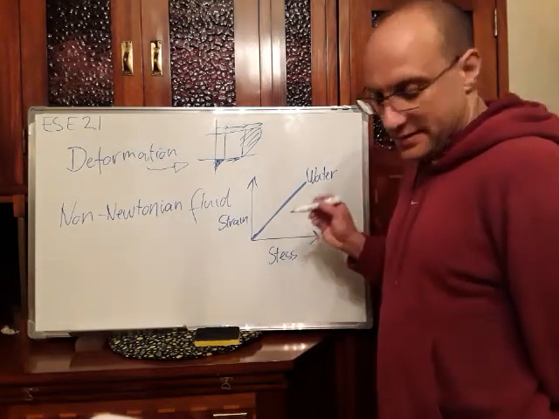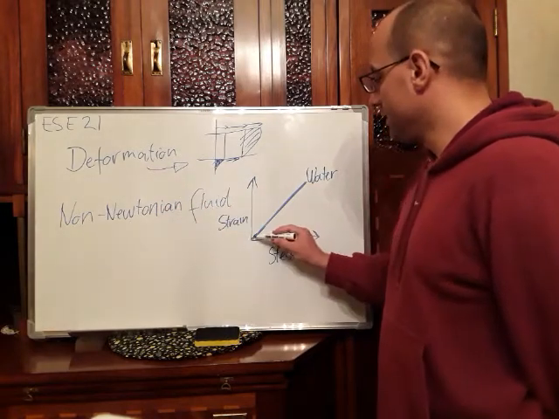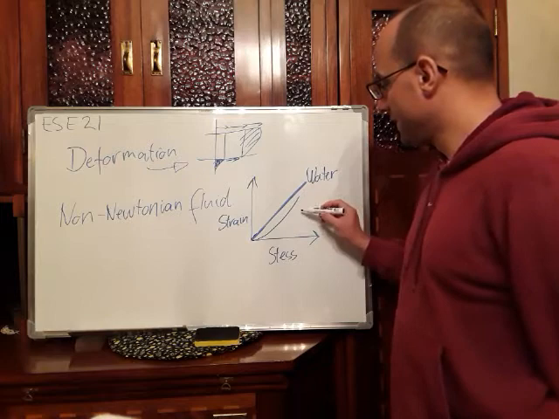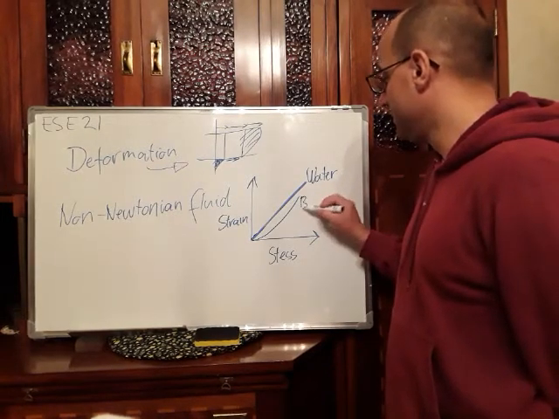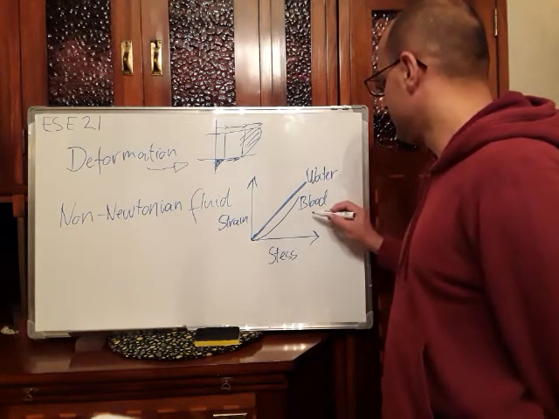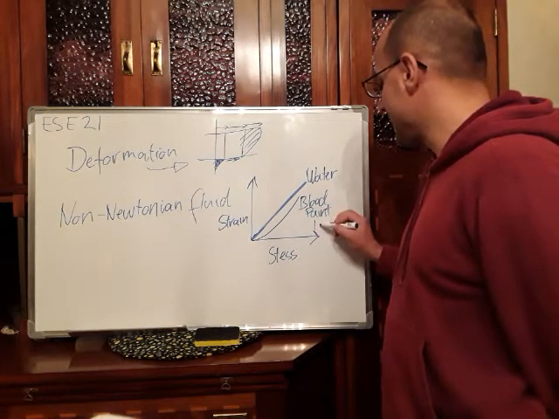Instead, what we said is that there are certain materials which are non-Newtonian, and these can be things like blood or paint or ice.